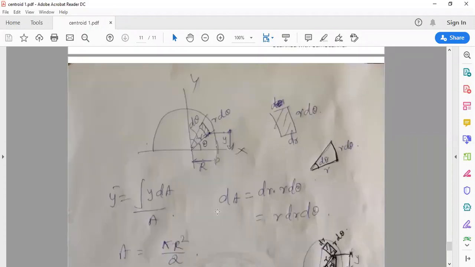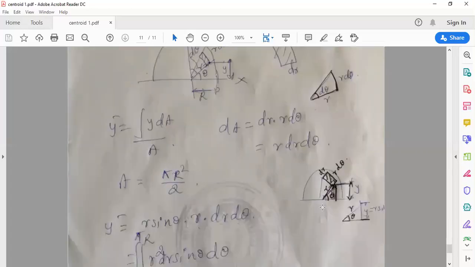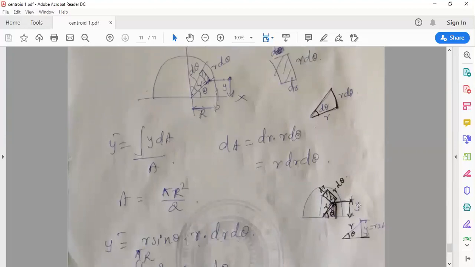So you know that y bar equal to integral y dA by A. We have assumed that from the diametral axis, the strip is located at a height y. Now you know this angular distance is theta and this is r. You can see this is y.